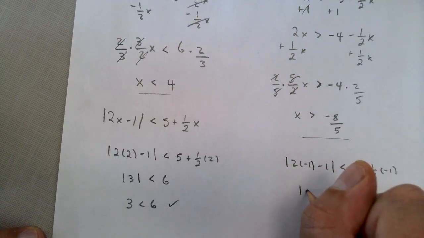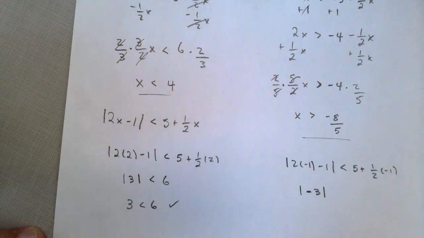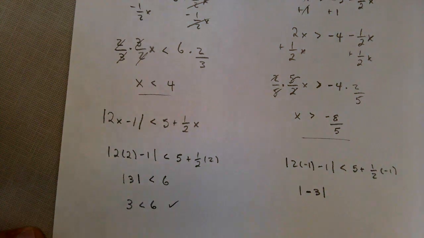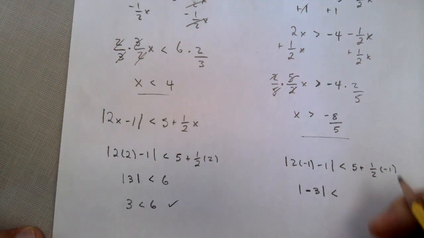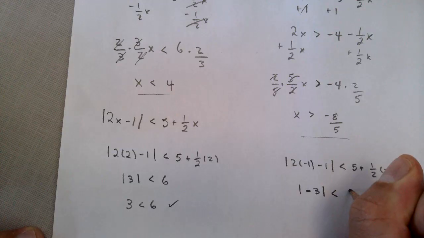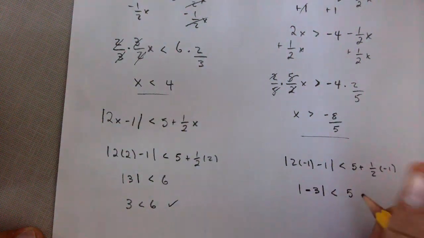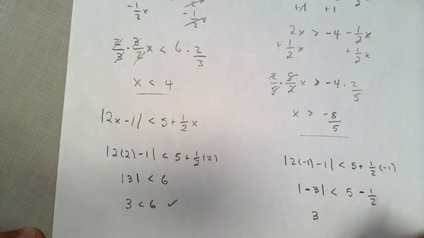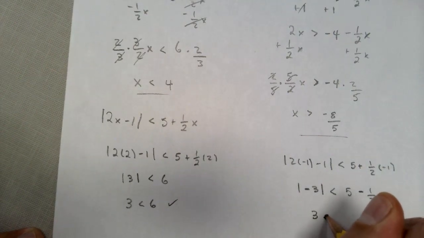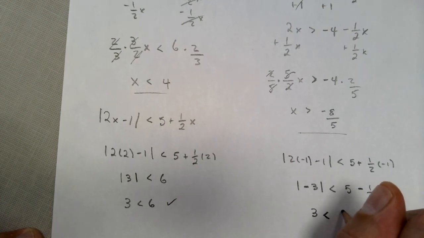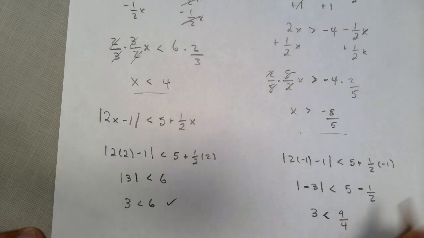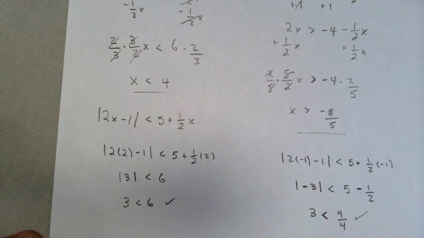Negative 2 minus 1 is negative 3. So we have the absolute value of negative 3 is less than 5, and 1/2 times negative 1 is just negative 1/2. So we have 3 is less than 4.5 or 9 over 2. And that is also true.